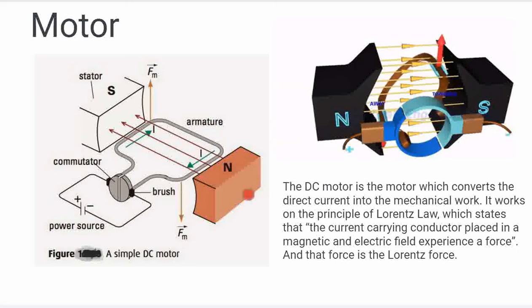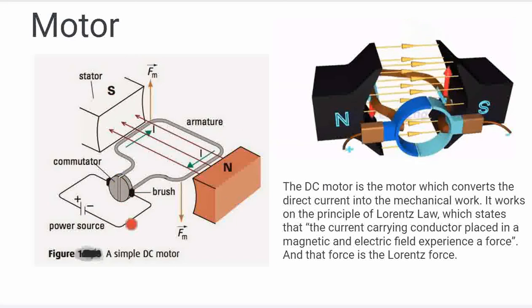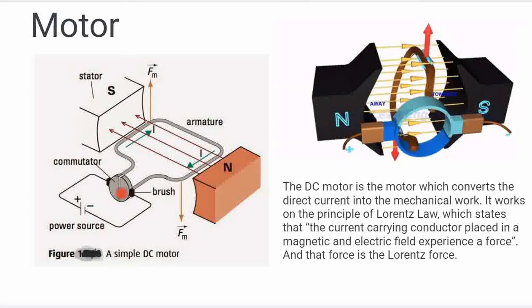This shows a clear idea about the motor. Here is the magnetic field, this is the commutator, and these are the brushes. We are giving power to the machine through the brushes. The commutator converts DC to AC.